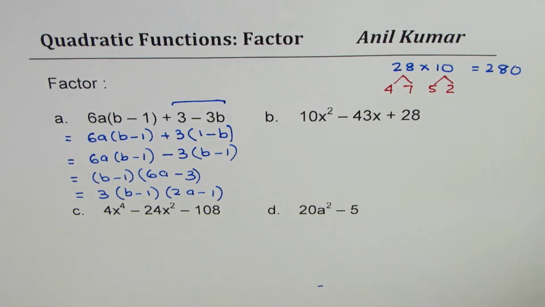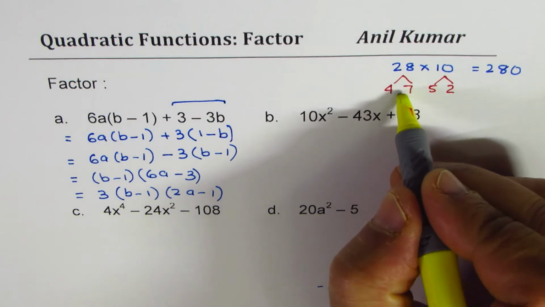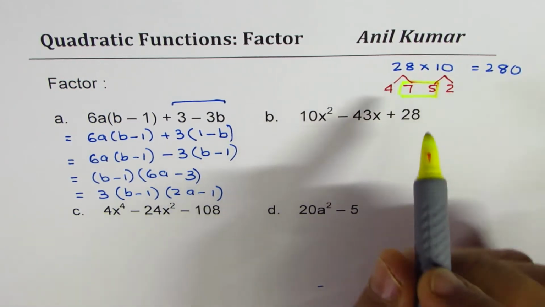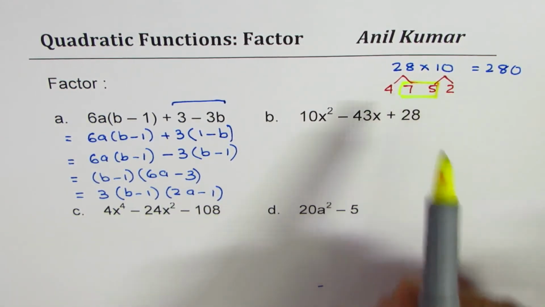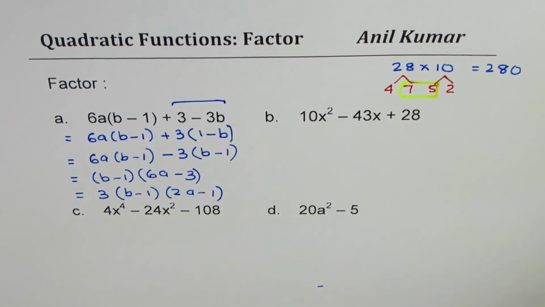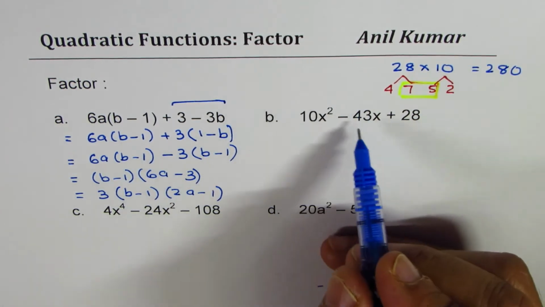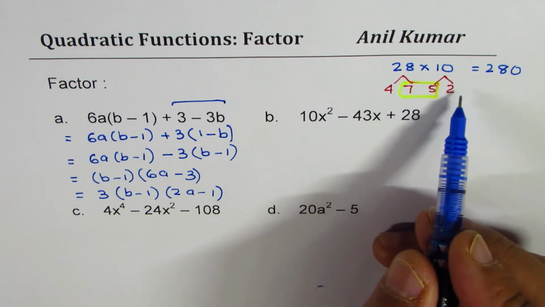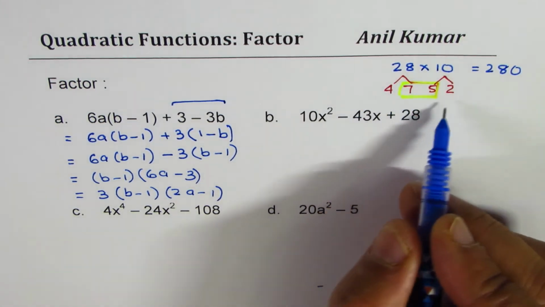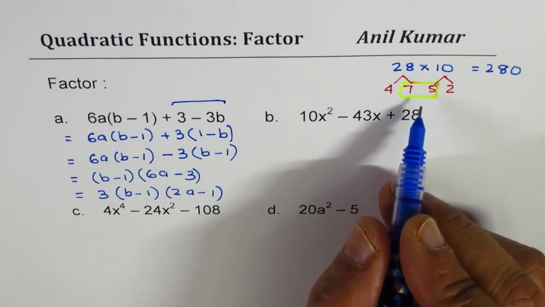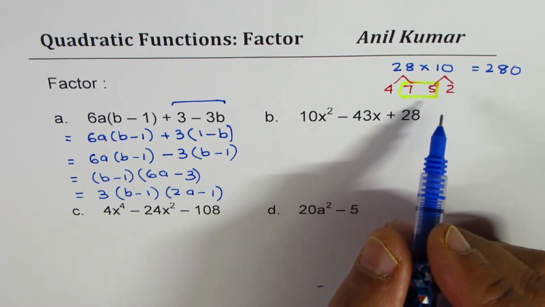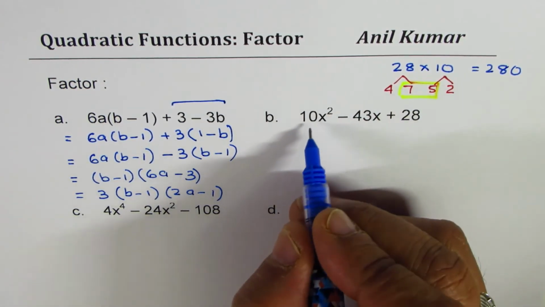Now from here, you can see a combination, correct? 7 times 5 is 35. And then we are left with 4 and 2. 4 times 2 is 8, right? So we could split 43 as 35 plus 8. So that factoring which I did helps to figure out what two numbers could be used. So now we'll begin with this.